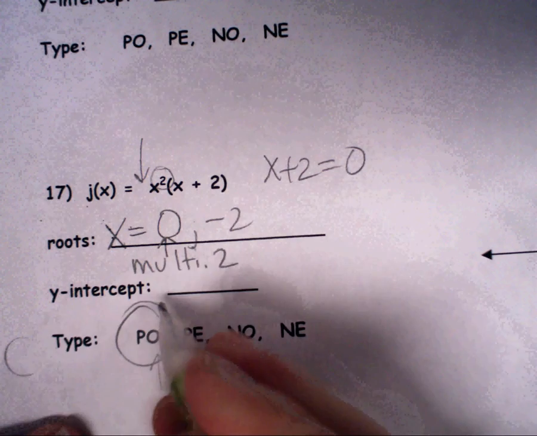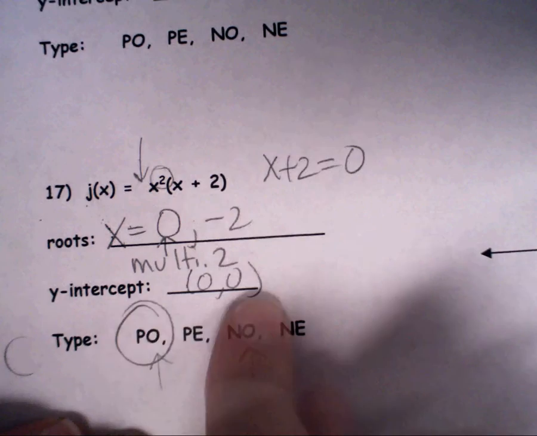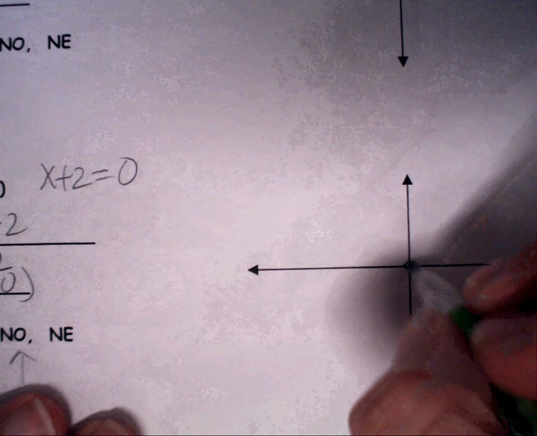For the y-intercept, it's 0. So when your root is 0, your y-intercept is also 0. So I'm going to plot my roots.